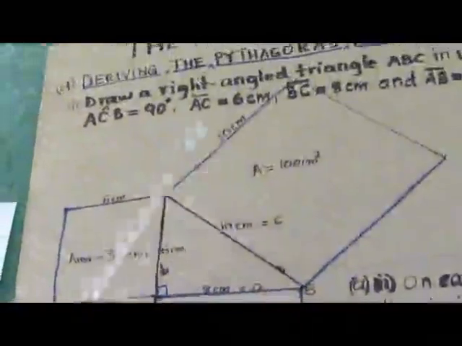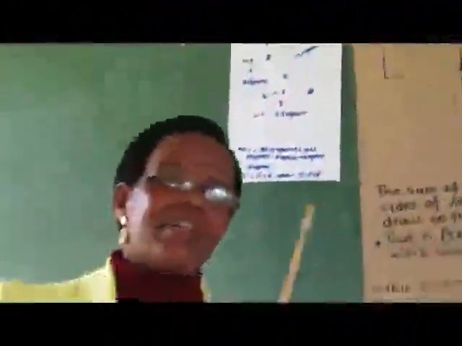The area of the square drawn on the hypotenuse is equal to the sum of the squares drawn on the other sides of the triangle. These are the two squares. So when you add 36 and this 64, you get 100. This is the first way of stating the Pythagoras theorem.